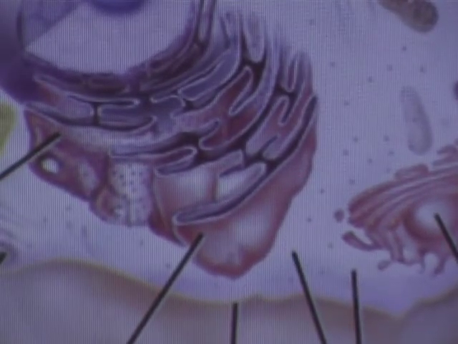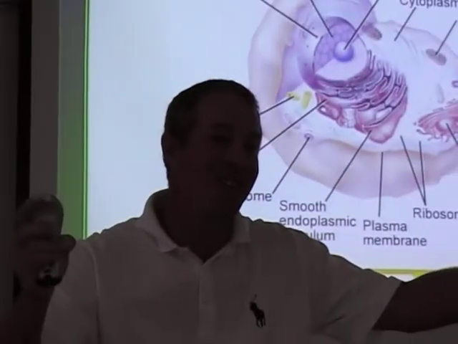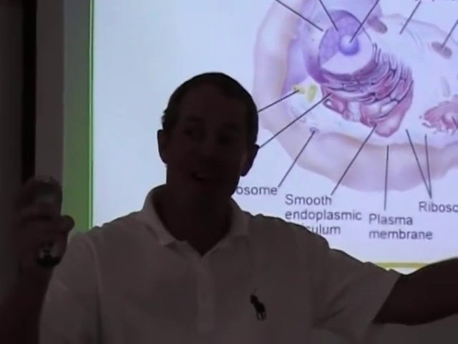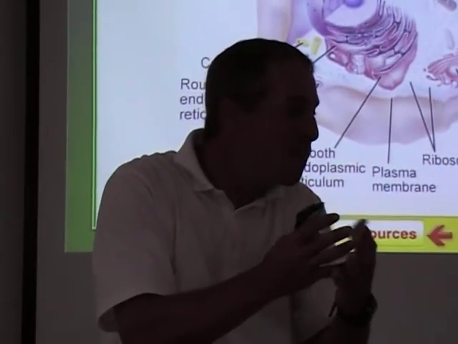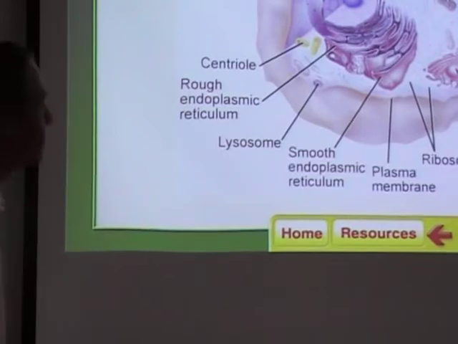Now, what do ribosomes do? Ribosomes put together proteins. Do you remember proteins? We talked about them last chapter. What are proteins made of, Tucker? Amino acids, strung together in a long string, and they fold up into a protein.